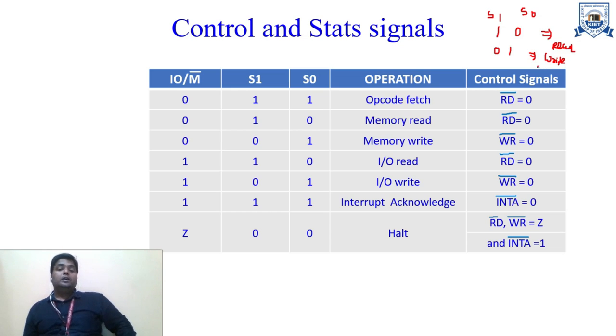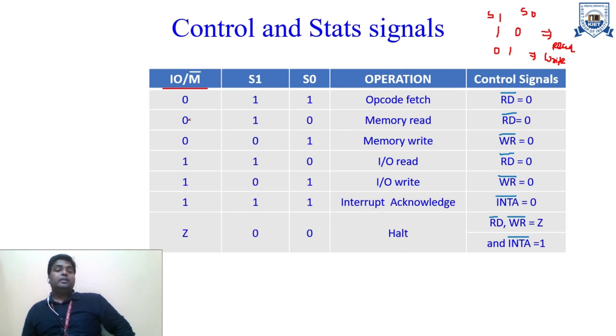In the same way, we want to discriminate whether it is performed through input output or through memory. For that particular purpose we generally use this IO/M complement. When this is 0, the operation is performed in memory, and when it is 1, the operation is performed in input output devices.